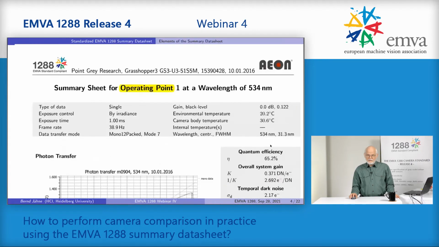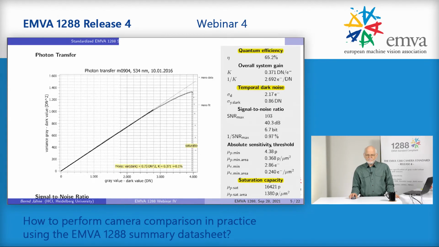So now, if you see all these figures, the next important question is, how can I trust these figures? Because let's assume we have one camera which has a quantum efficiency of 65%, which results of course in a corresponding absolute sensitivity threshold in photons and saturation capacity.